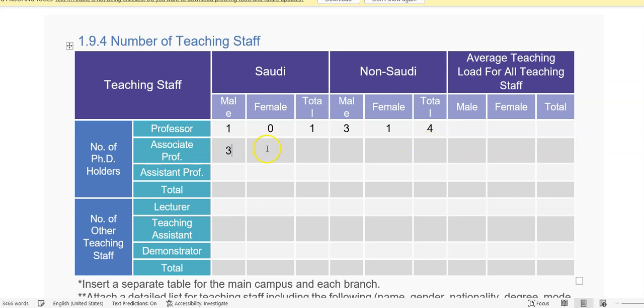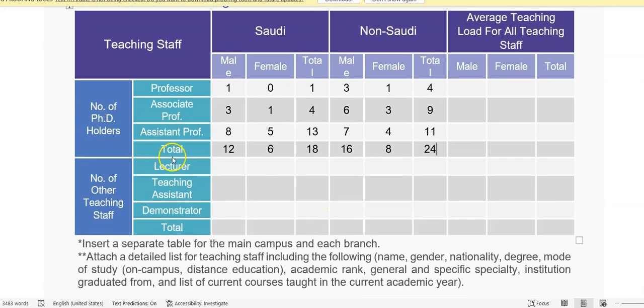Associate: 3, female 1, total 4; 6, 3, 9; 8, 5, 13; 7, 4, 11. So the total here we have 12, 6, here we have 18, we have 16, 8, and 24. The total, this is for PhD holders.